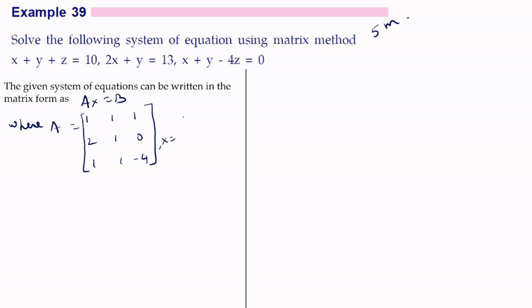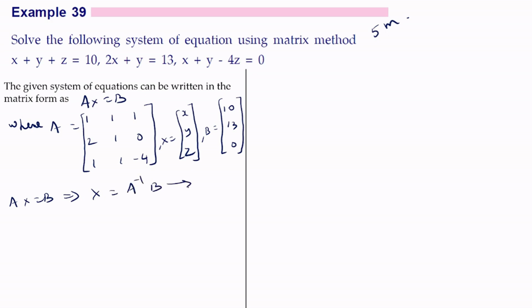Then X equal to the variable matrix x, y, z, and B is the constant matrix 10, 13, 0. So AX equal to B implies X is equal to A inverse into B. Let us take this as 1. Now we have to find A inverse.